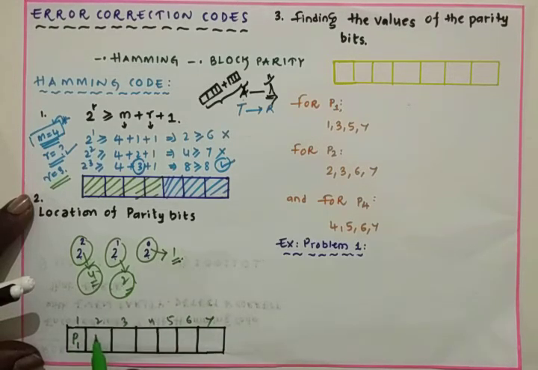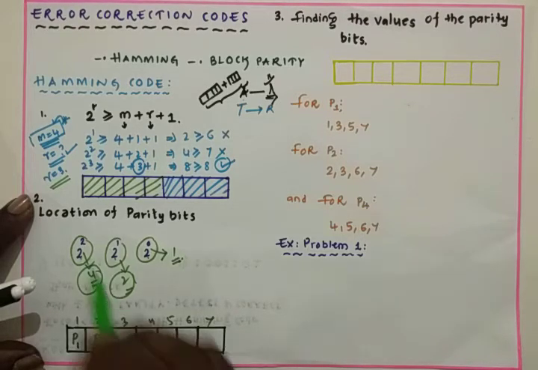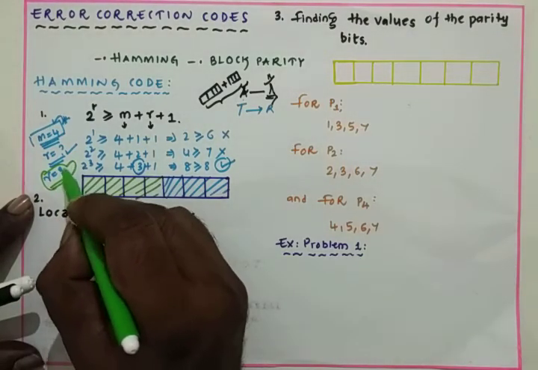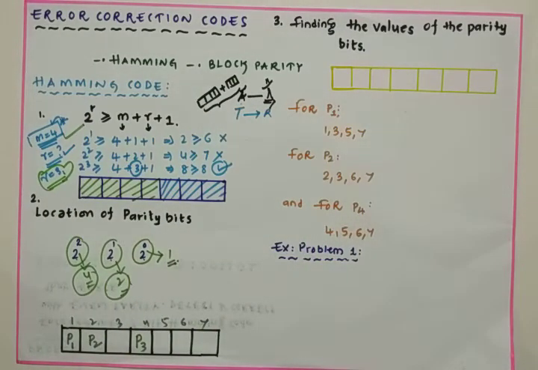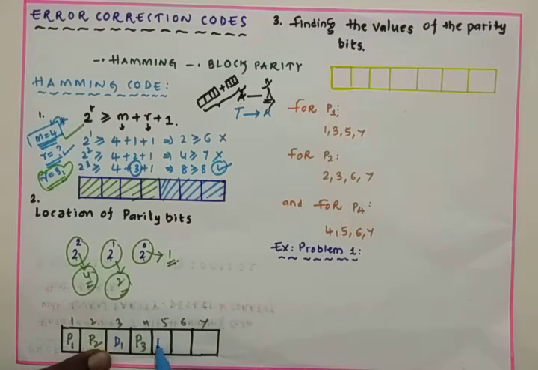Next is position 2, parity bit 2. Next, at position 4, is the third parity bit. The remaining 4 cells are the data: D1, D2, D3 and D4.